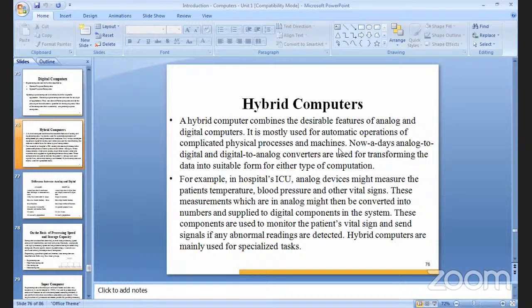These components monitor the patient's vital signs and send signals. If any abnormal readings are detected, we can immediately identify the signals, and those signals are converted into digital mode. Hybrid computers are mainly used for special tasks.